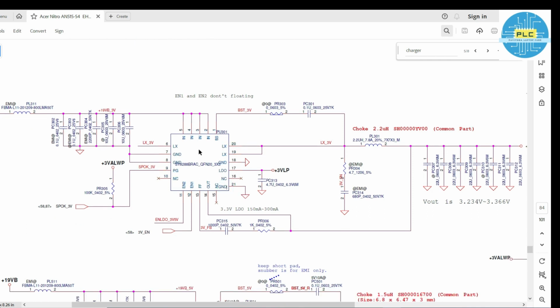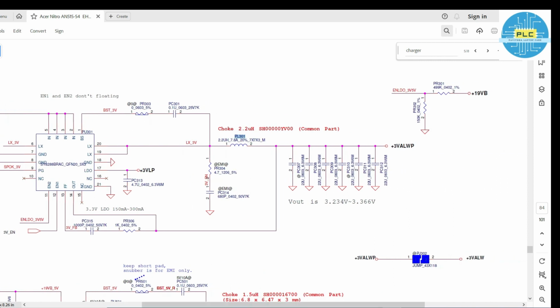This is a complete circuit. Once the circuit is complete, what does this IC produce? 3 volts VLP and coil output, plus 3 VALP. This IC completed the circuit using this V in and ground. Once input and ground have come, then it produces plus 3 VLP and 3 VALP.